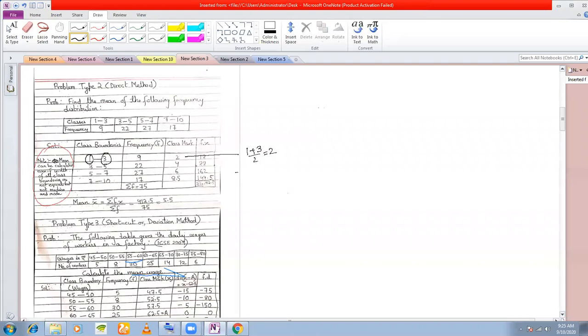For 4, you have 3 plus 5 divided by 2. For 6, you have 5 plus 7 divided by 2. And for this you have 7 plus 10 divided by 2.